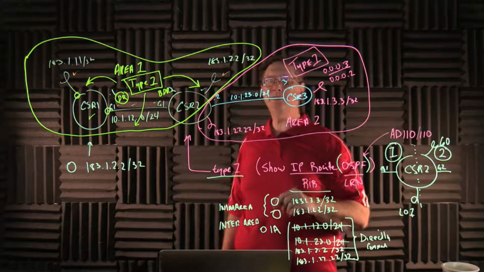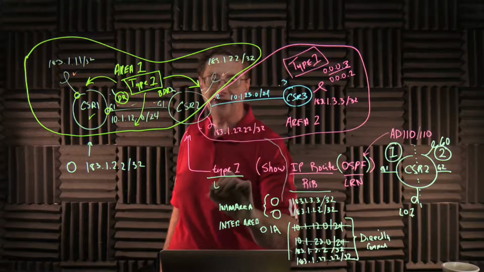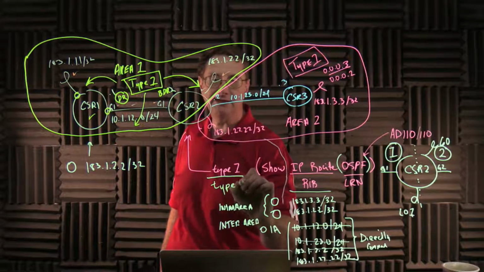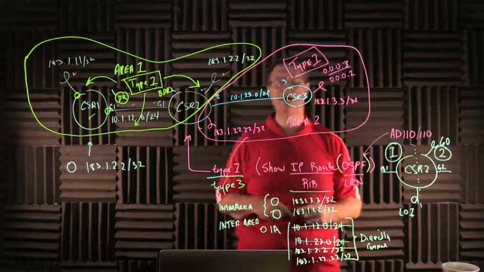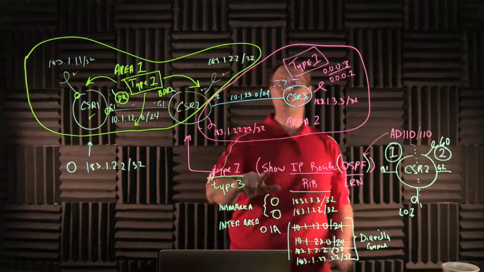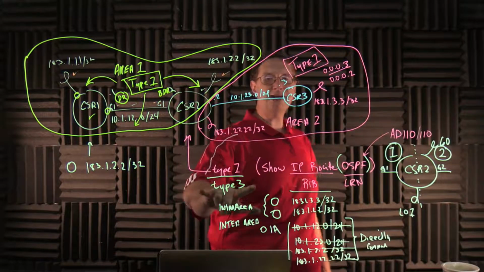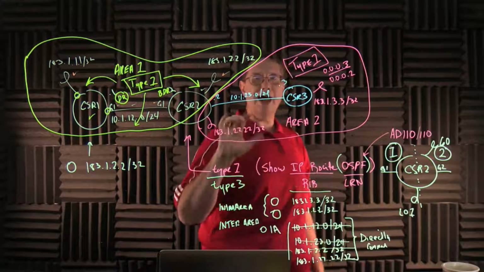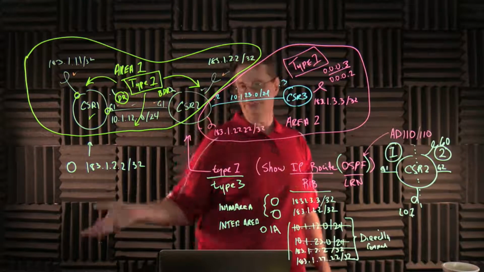And in order to be able to do that, I'm going to have to understand a new type of LSA, and that type of LSA is going to be the type 3 LSA, otherwise known as a summary LSA. Now, the rule about type 3 LSAs is, unlike type 1s and type 2s, type 3 LSAs are allowed to go through every area by default.